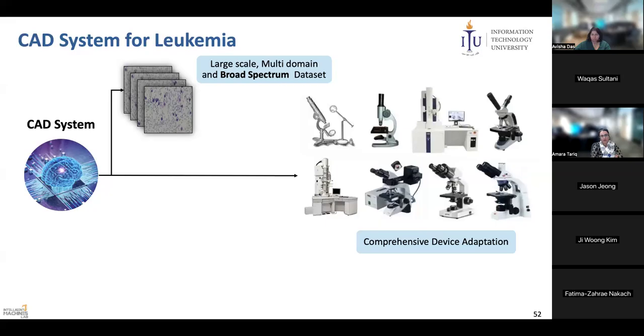Second, during testing it has to work on a different set of devices, which means that at least during training it has seen some data diversity in equipment so that it can be deployed easily.